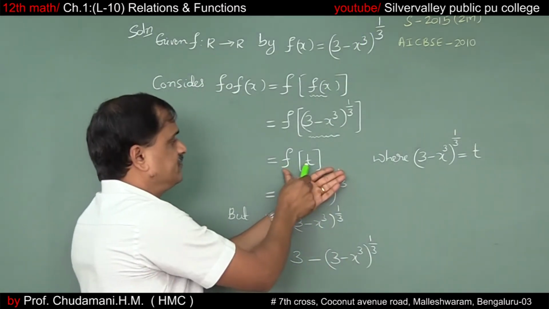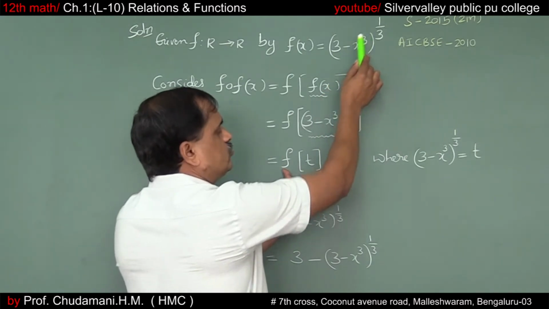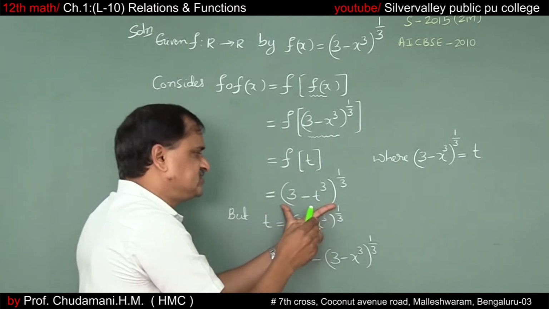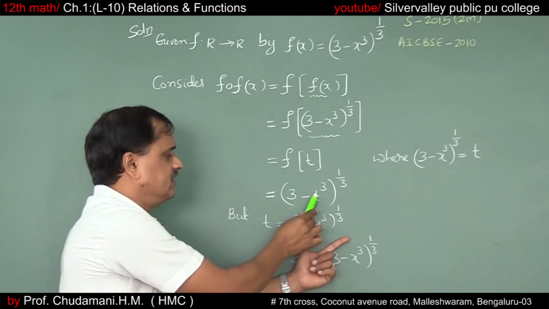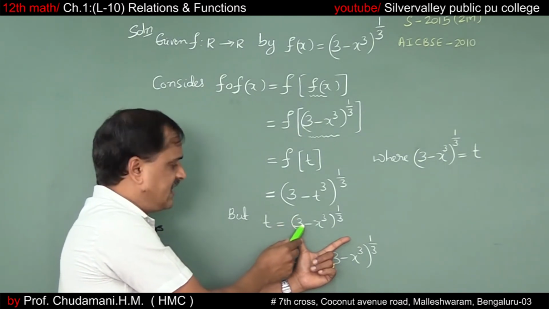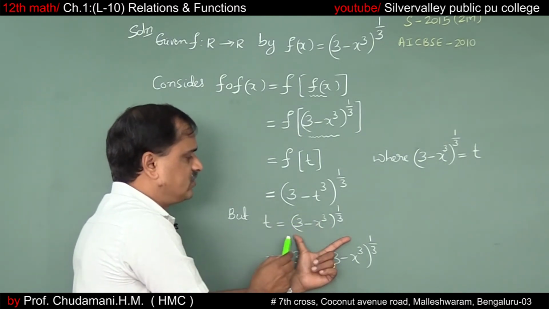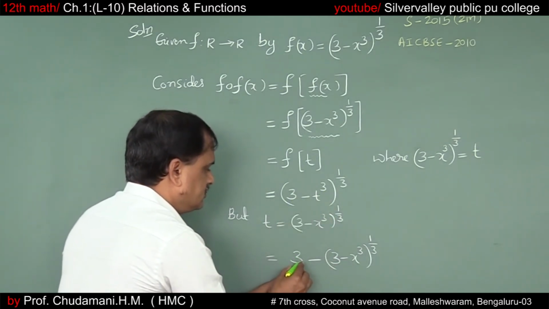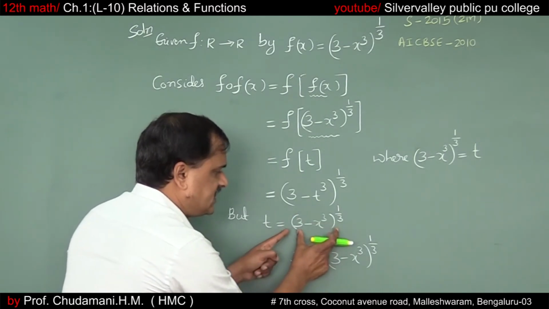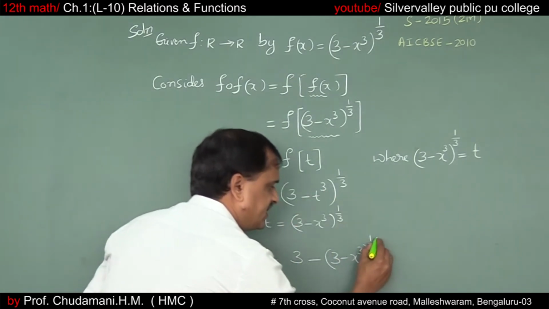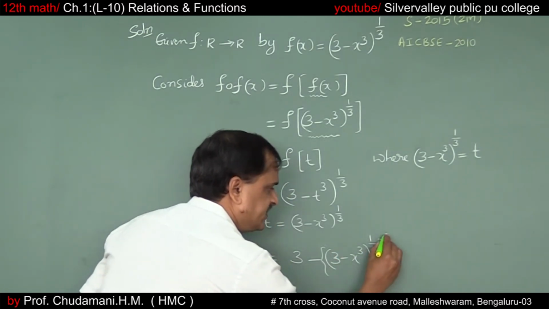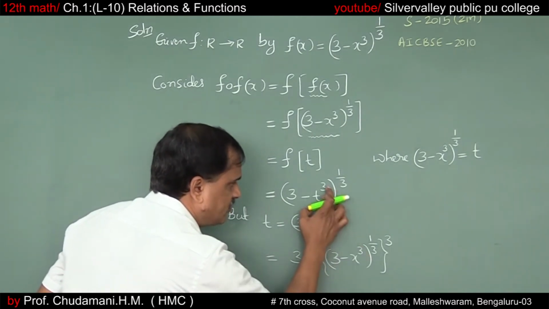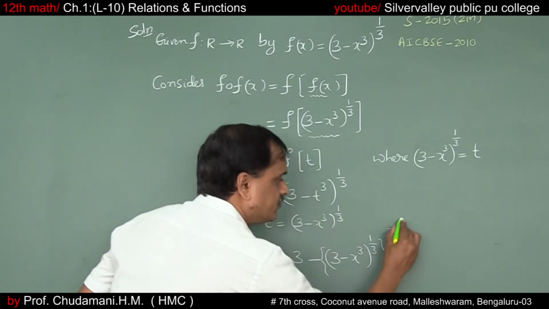Resubstitute. But what is t actually? t is written as (3 minus x cube) the power 1 by 3. Now I just substitute t over there. So that is 3 minus, in place of t I have written this, cube is there. See, 3 minus t is this, the power 3, whole to the power of 1 by 3.